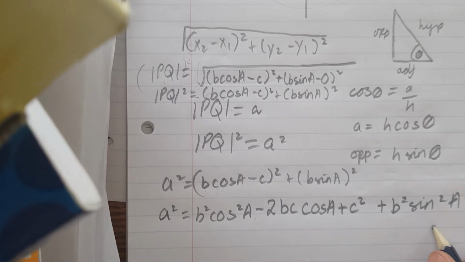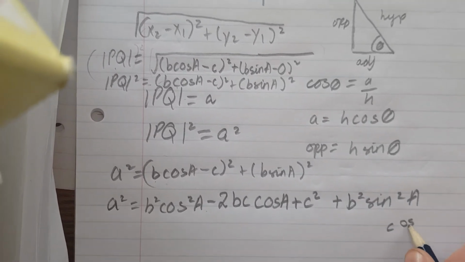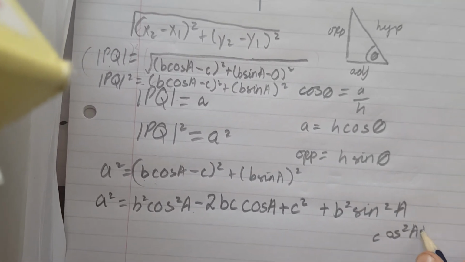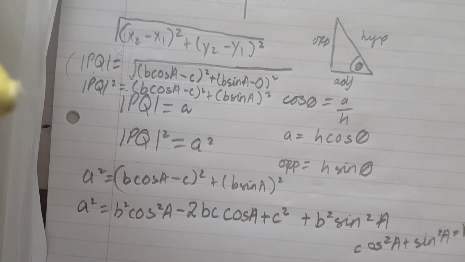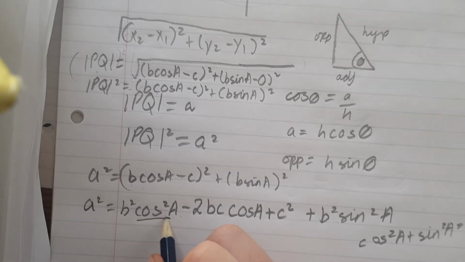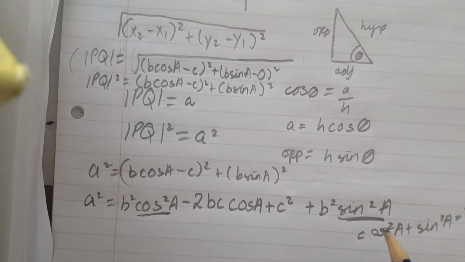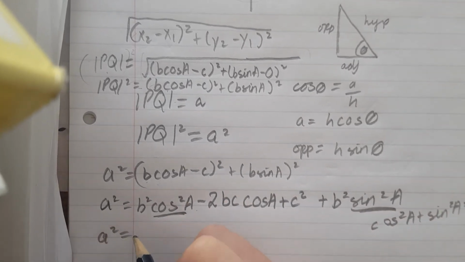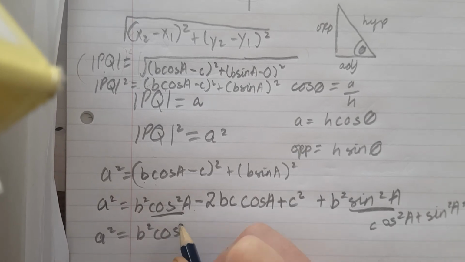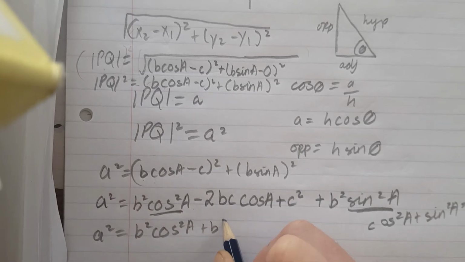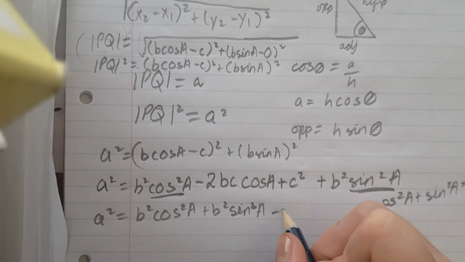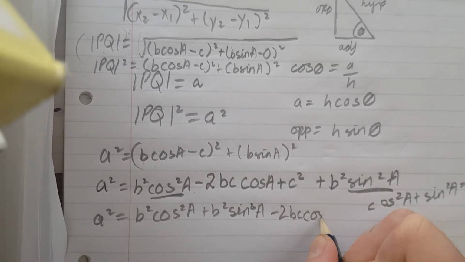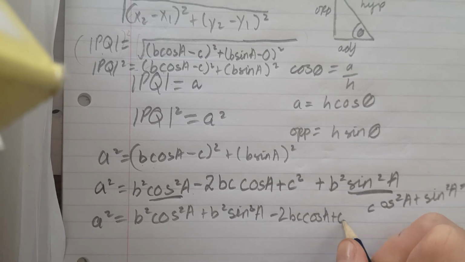We have to remember that cos squared of an angle plus sin squared of an angle is equal to 1. So we can group this and this together. So a squared is equal to b squared cos squared A plus b squared sin squared A minus 2bc cos A plus c squared.